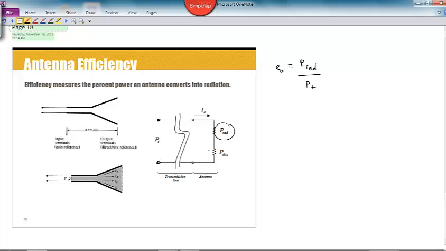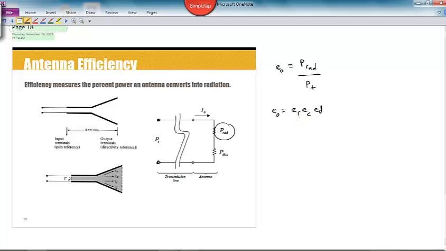So the overall efficiency of the antenna, this E0, really consists of three factors: ER, EC, and ED. Again, E0 is just total antenna efficiency, and it consists of three parts: reflection efficiency, conduction efficiency, and dielectric efficiency.